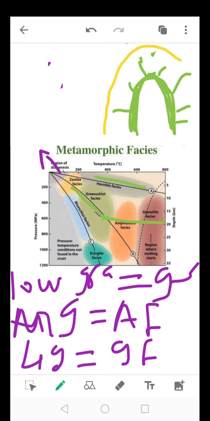We know the metamorphism of a limestone would give you marble, which is a metamorphic rock. So the heat, its effect in metamorphic petrology, is to alter or metamorphose the protoliths or the surrounding rocks.